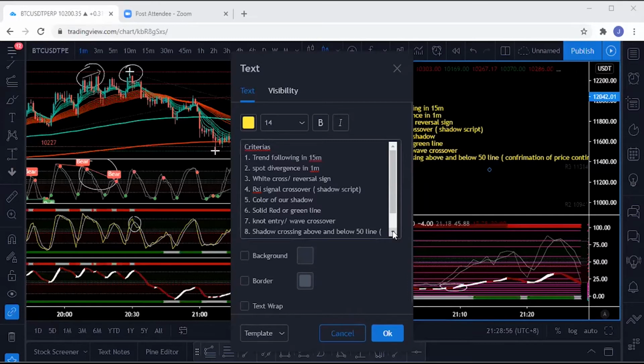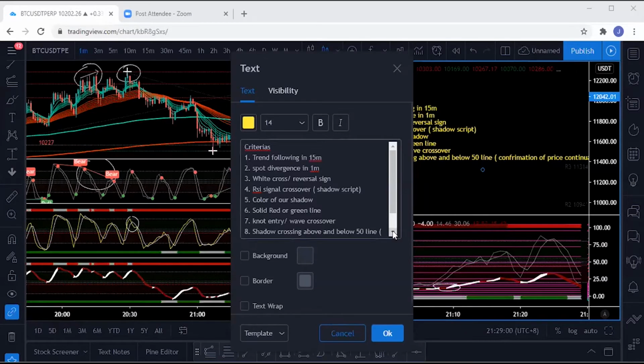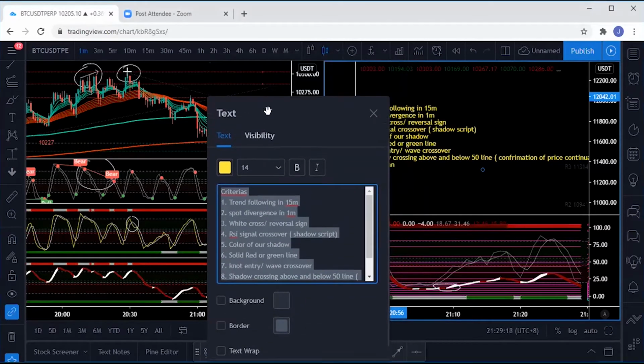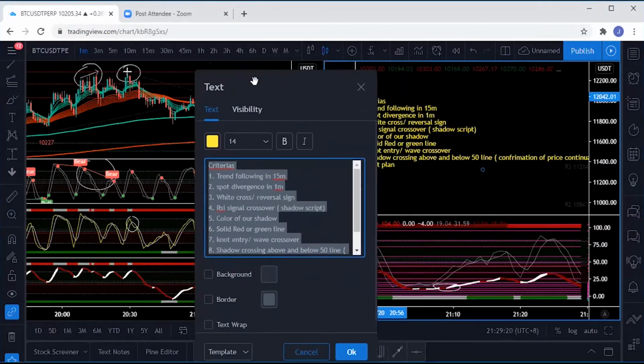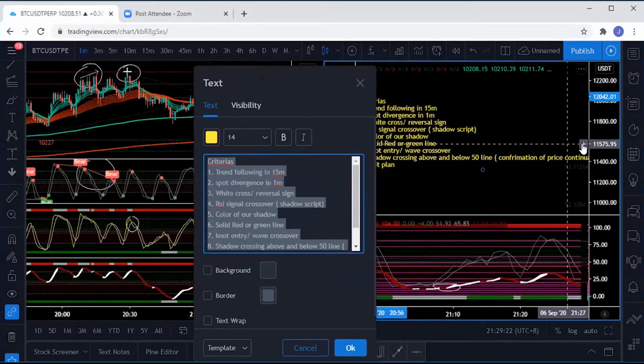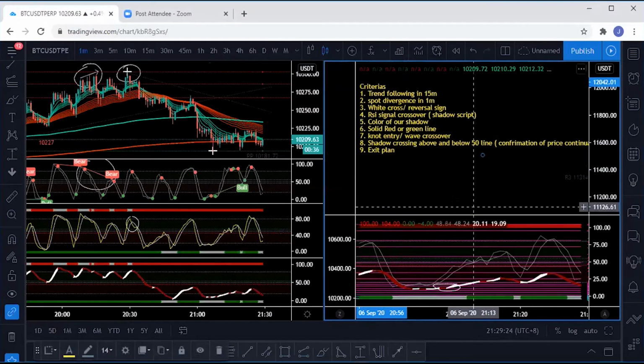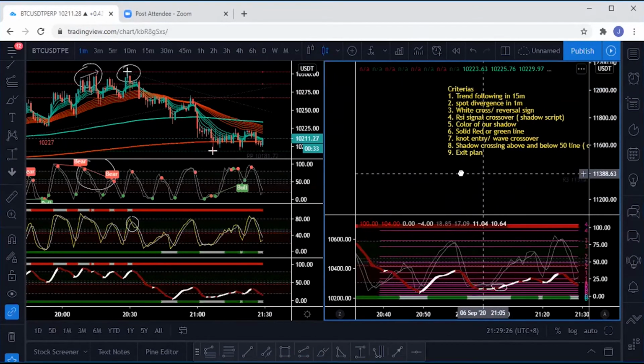Yes, that's the part I'd probably struggle with the most, spotting the divergence. You need to spot it in the 1 minute time frame because this is where we are going to enter our trade. But if in your 15 minutes you already see a divergence, you need to wait for it to validate, and then you trade it in 1 minute.